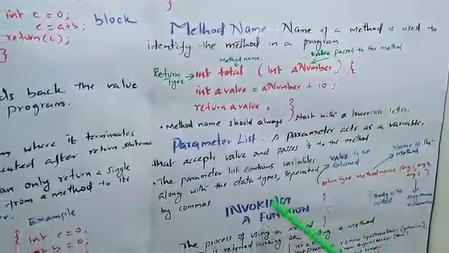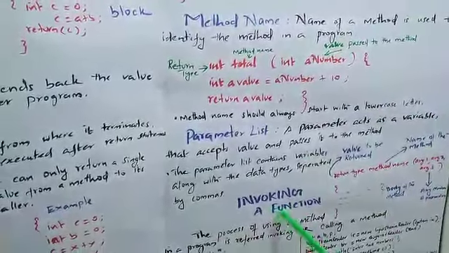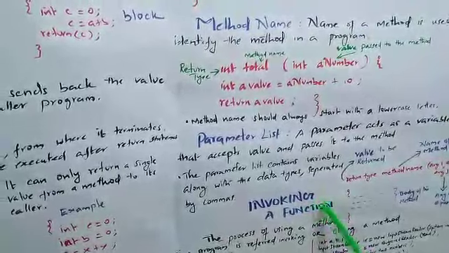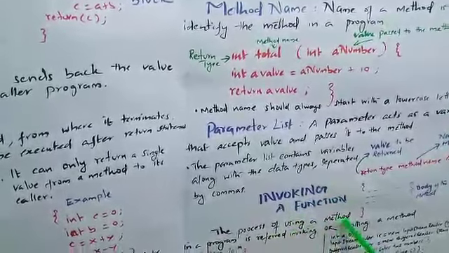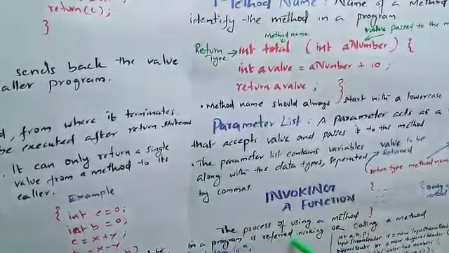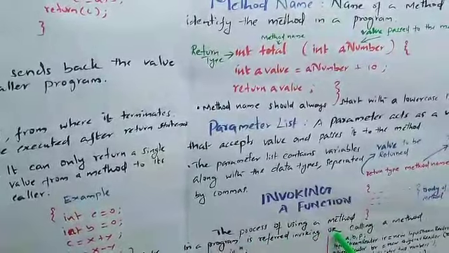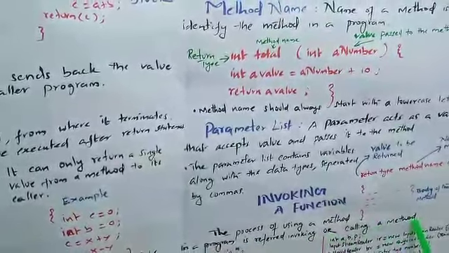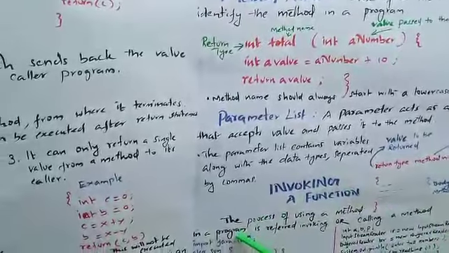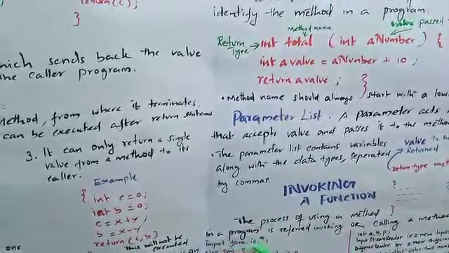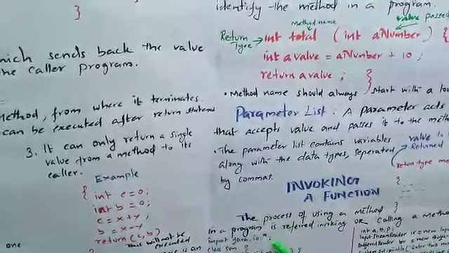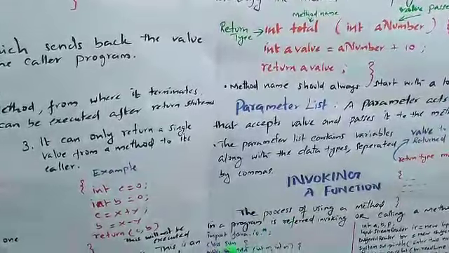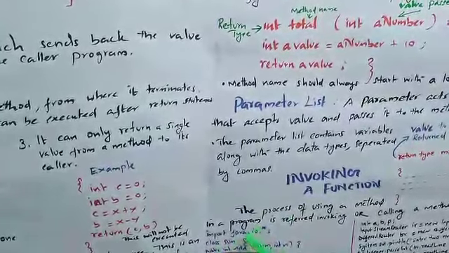Now we come to invoking a function. How will you invoke a function? The process of using a method in a program is referred to as invoking, or we can say calling a method. Now here one program is there. Import java.io.*; then you have to give the class name. Class Sum, then open the curly bracket.